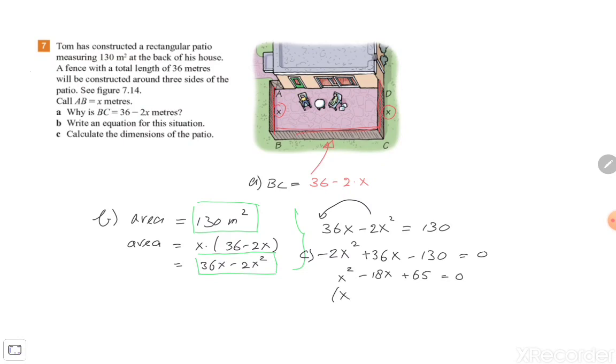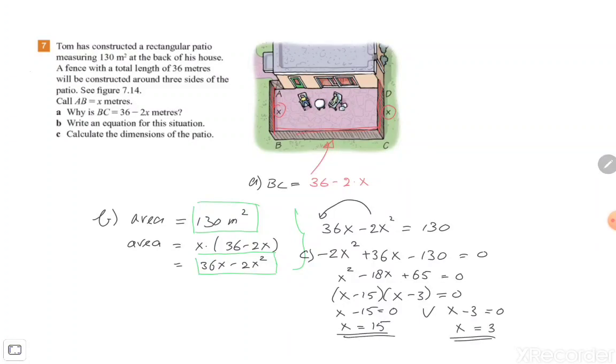So that's x minus 15 and x minus 3 is equal with 0. So x minus 15 is 0, so x is 15. Or x minus 3 is 0, so x is 3.